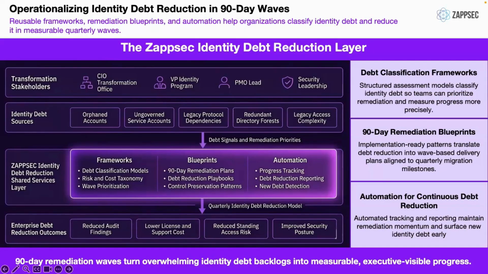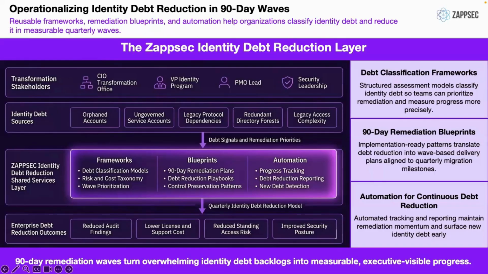The second thing is the actual structured delivery. So we come with pre-built 90-day remediation blueprints, which define scope, actions, and success criteria and measurement for each wave. They're implementation ready, and so teams are able to know what they're delivering and how the progress is actually measured before the wave starts.